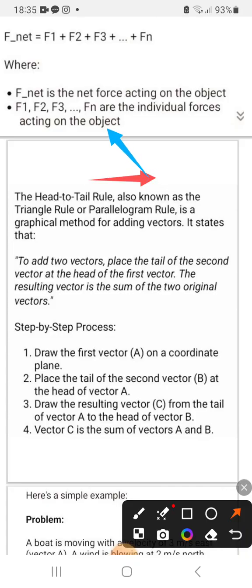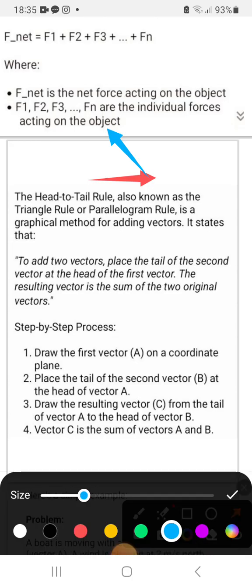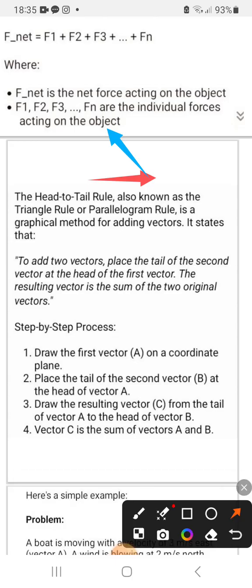Then draw the resulting vector C from the tail of vector A to the head of vector B, like this.